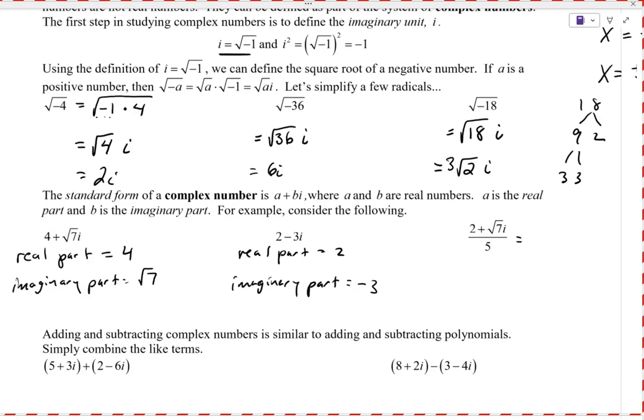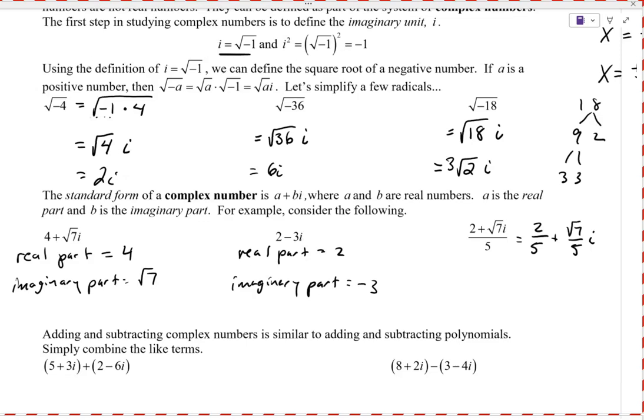You can rewrite this as 2/5 plus square root of 7 over 5 i, like that. Notice it's like doing your common denominator in reverse, right? If you added these two together, you would get this, wouldn't you? So we're splitting it into two pieces.